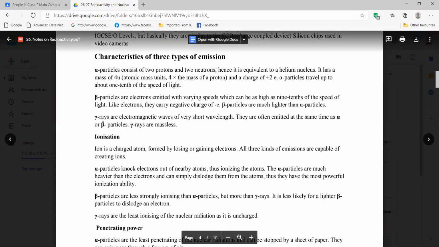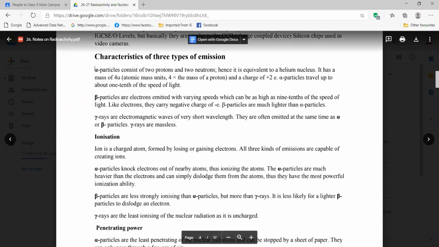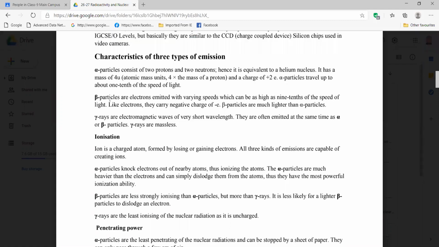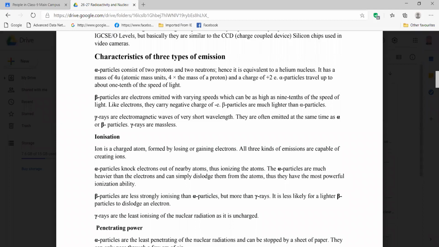And gamma rays are not particles. Gamma rays are unlike alpha and beta. Alpha and beta we call particles, but gamma we call gamma rays or gamma radiations. Gamma rays are electromagnetic waves of very short wavelength.